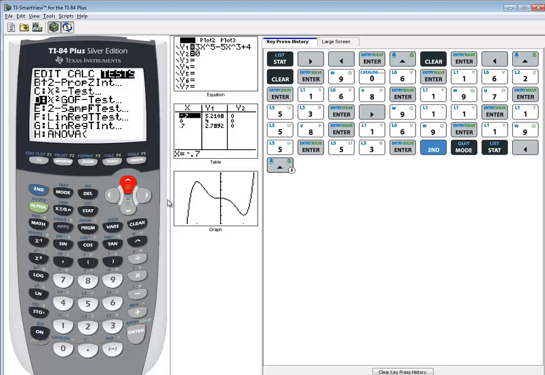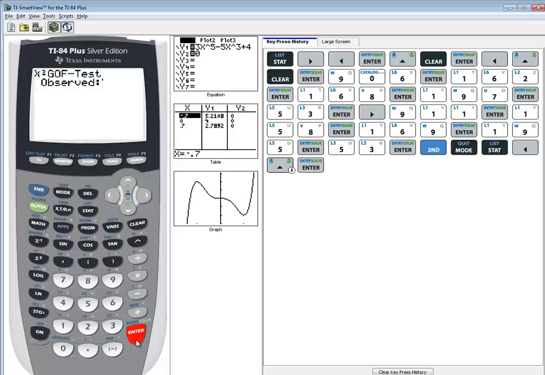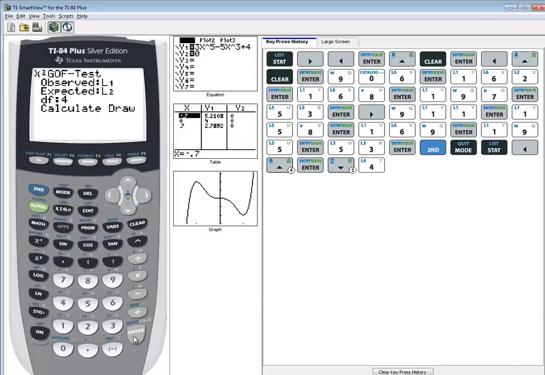Not every TI-84 has this function. So if yours doesn't, you're one of the unfortunate ones that has to do it by hand. And I did put an example of by hand in this lesson or section. So I choose that. Observed is L1, expected is L2. Our degrees of freedom we just said was 4. Go to calculate and press enter.